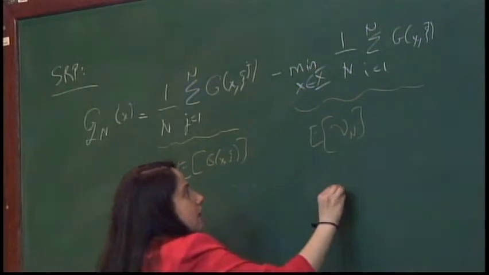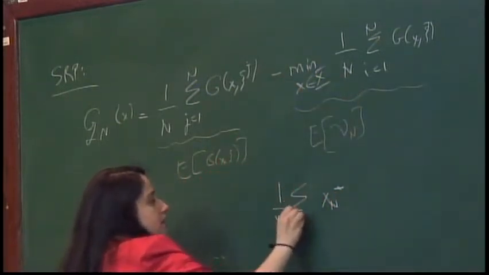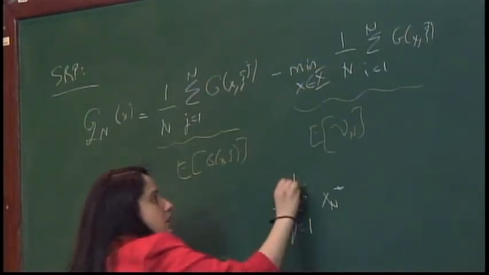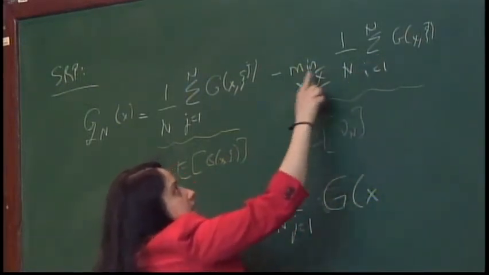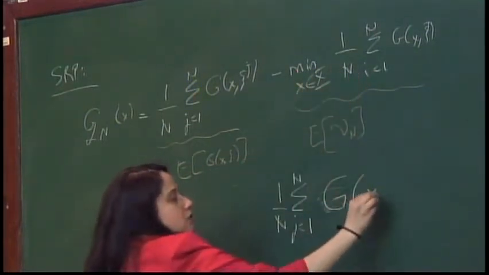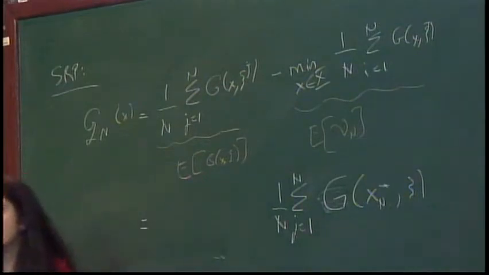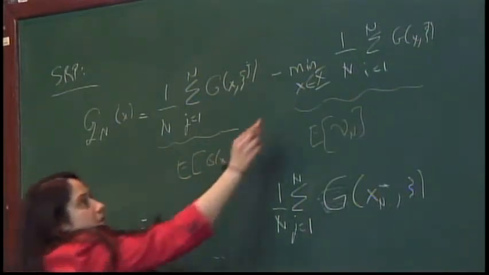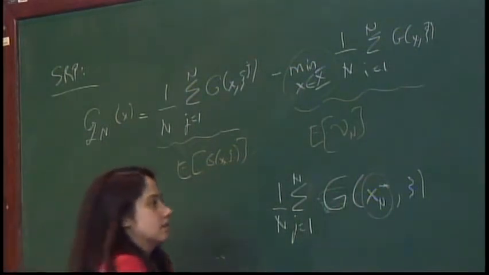Xn star. So I'm going to replace this by writing J equals 1 to n, G of, instead of the minimization and the x, I'm just going to replace it by Xn star. So I took out the minimization, but I put in the optimal value directly.